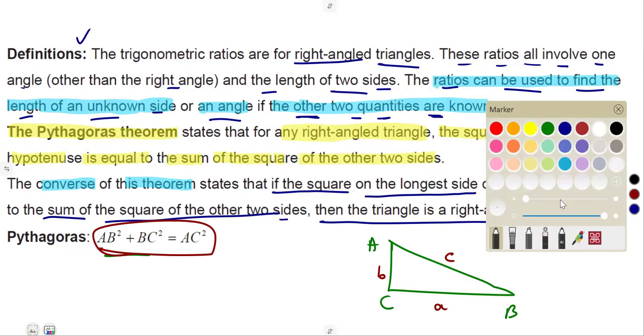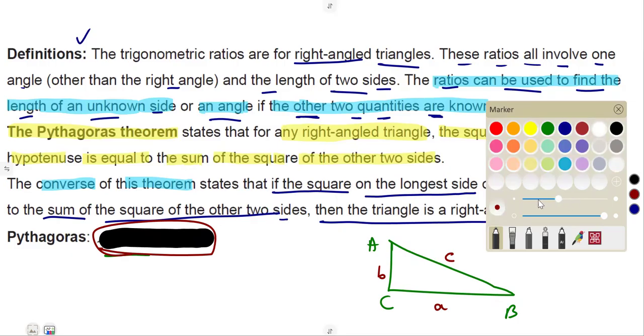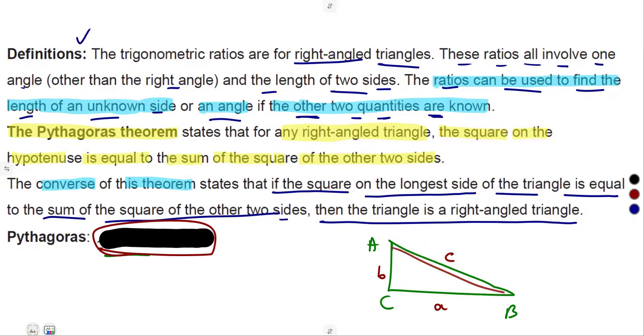According to our diagram, our hypotenuse is AB, so I'm going to take AB squared, which must be equal to AC squared plus BC squared. In general, c squared is equal to the shorter sides, a squared and b squared. So that's our Pythagoras.